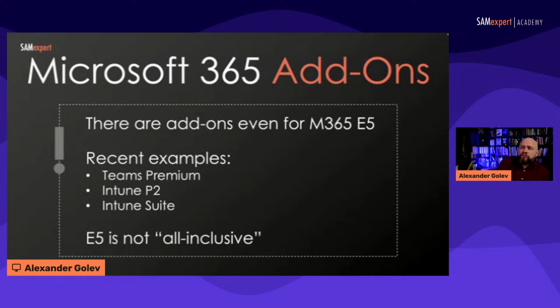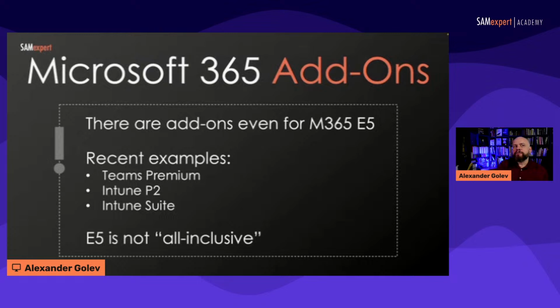But there are also recently introduced Intune Plan 2 and Intune Suite. And those are not the only add-ons. So Microsoft 365 E5, this is what I want you to understand, is pitched as an all-inclusive package, where you just buy E5 and you get all the features in E5. You get most of the features through E5.